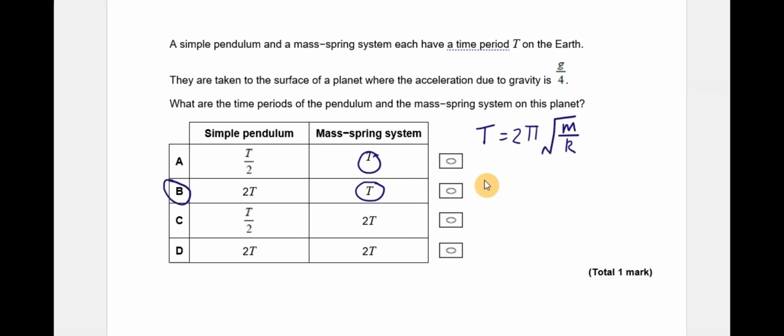Now let's have a look at the time period for a pendulum, and that's given by 2π multiplied by the square root of the length of the pendulum over gravitational field strength. So we can see the time period is going to be affected by the gravitational field strength.